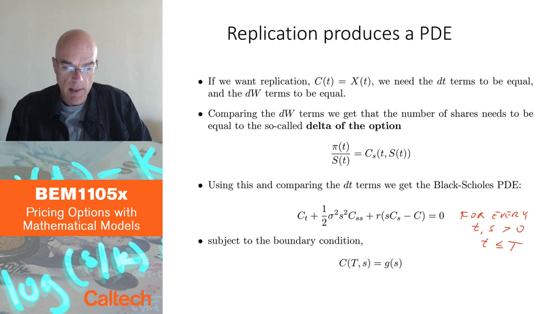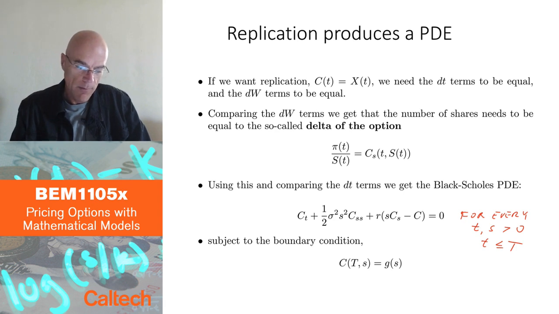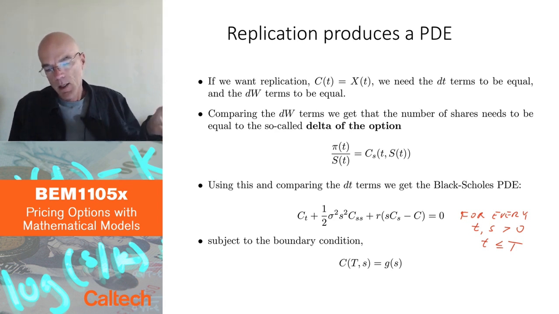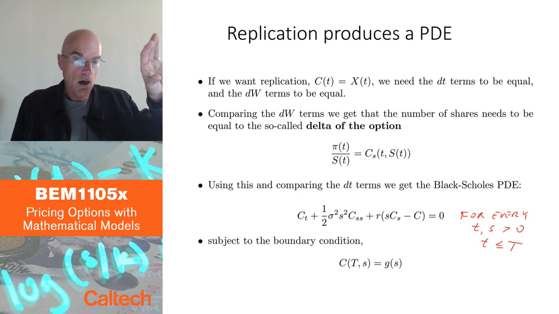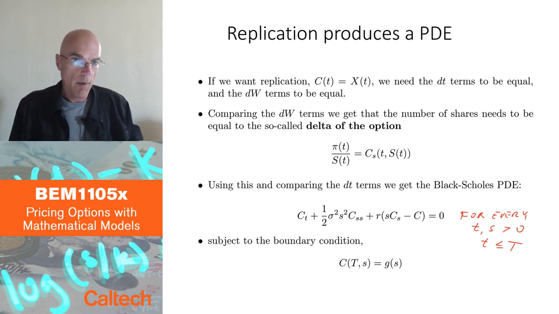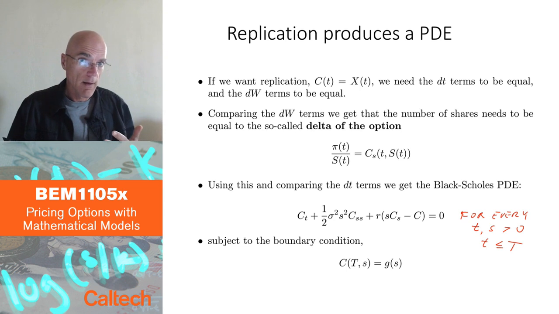But going back to 1973, this is what Black and Scholes did. Still not finished, I didn't give you the formula, but before I do that, let me just say, this is not exactly how they did it. The way they did it, if you read their paper, instead of replicating the option value by trading in the stock and the bank, they really tried to replicate the bank, the risk-free asset, by trading in the stock and the option.